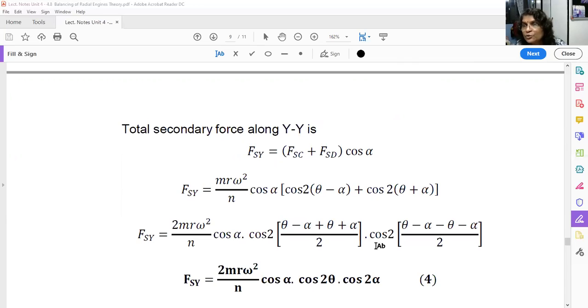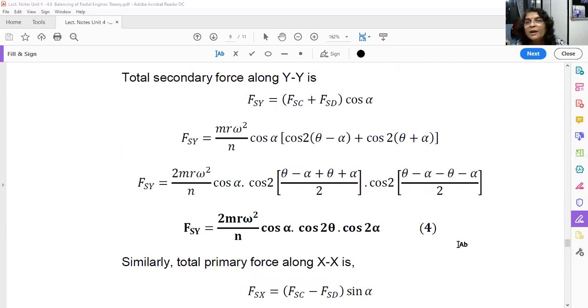Then cos of A minus B by 2, that is 2 theta minus alpha by 2. Okay. So how will you write down this one? Theta minus alpha plus alpha will cancel out. So theta plus theta, 2 theta divided by 2. So it will become cos theta, and this 2 as it is. So this term will be cos 2 theta.